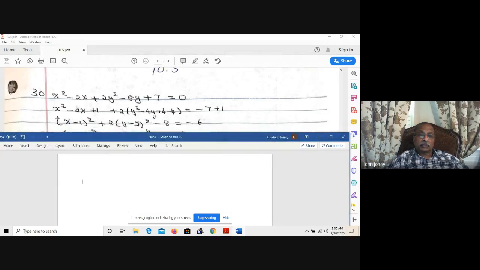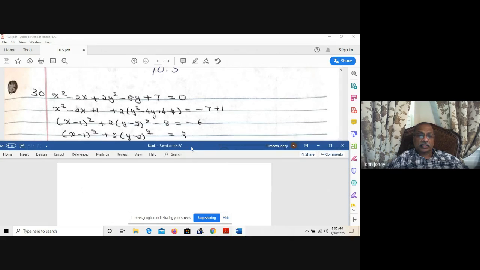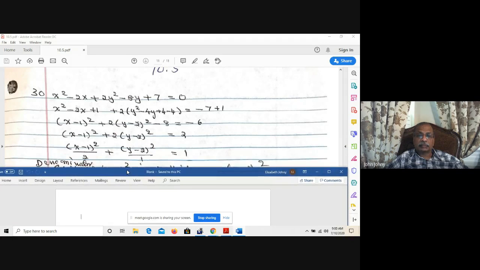And now, the first 3 terms are (x − 1)² plus 2 times (y − 2)². 2 times −4 is −8, so the right side is equal to −6. That is (x − 1)² + 2(y − 2)² = 2, by adding an 8 on both sides. Now divide both sides by 2.